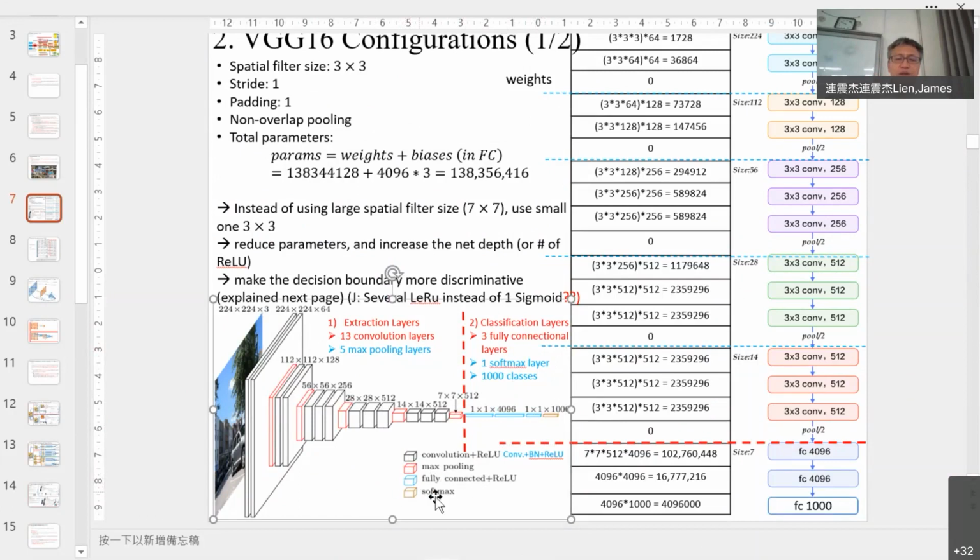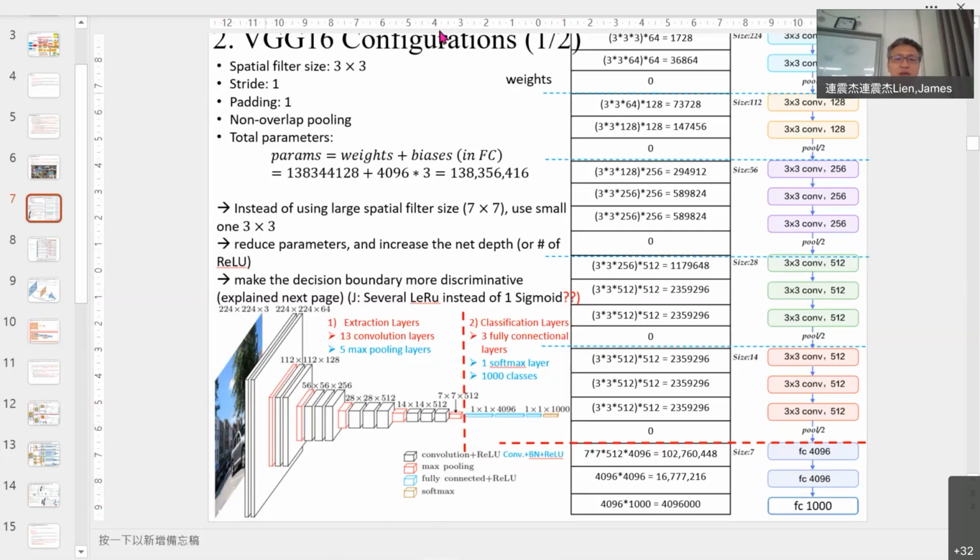Finally, in this case, they have 1,000 classes, so for the final one, they do softmax.